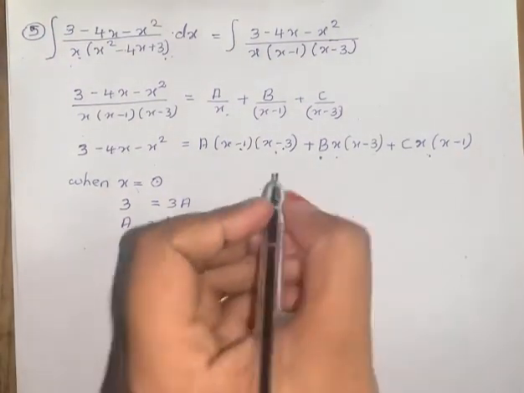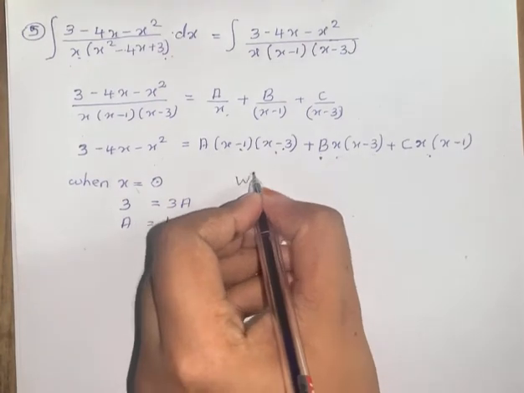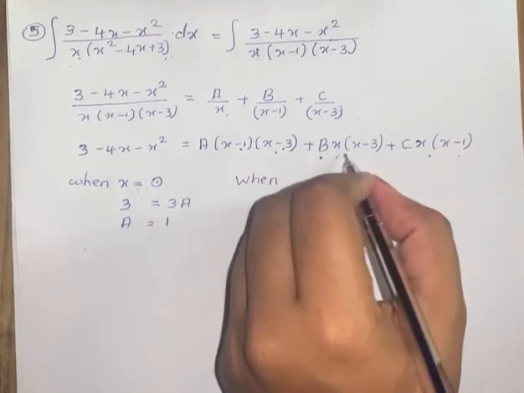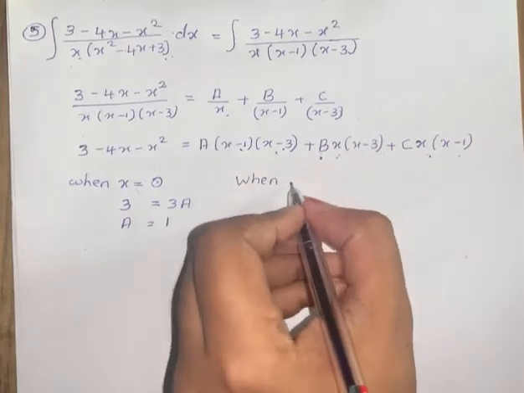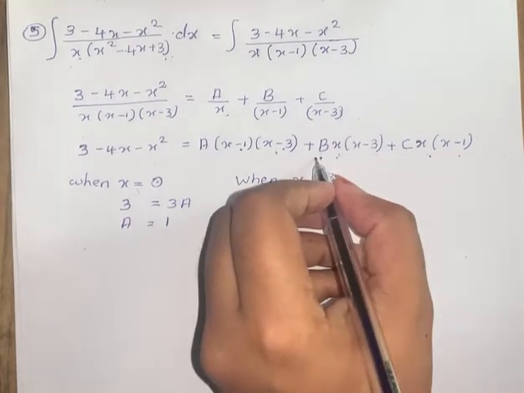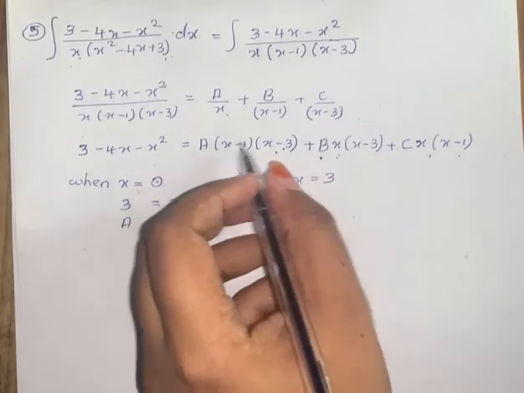Okay, to make the second component 0, there is x minus 3, so if we take x as plus 3, we will get 0 for the second part and also the first part.